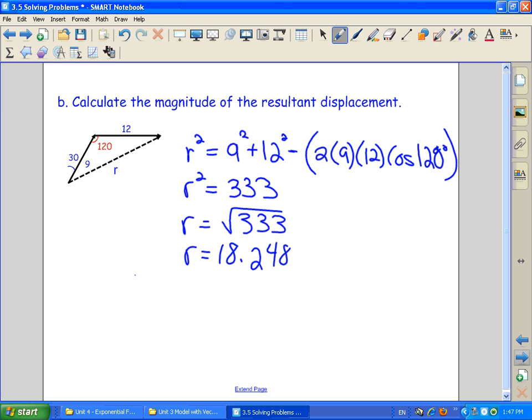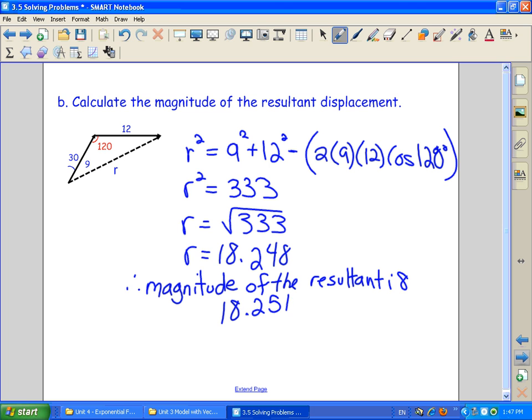Therefore the magnitude of the resultant is 18.25 kilometers per hour. Everybody okay with that? All right. So far, so good?